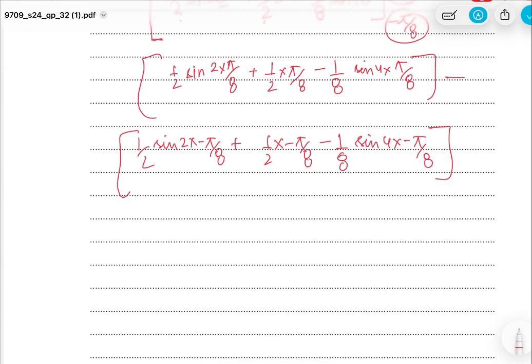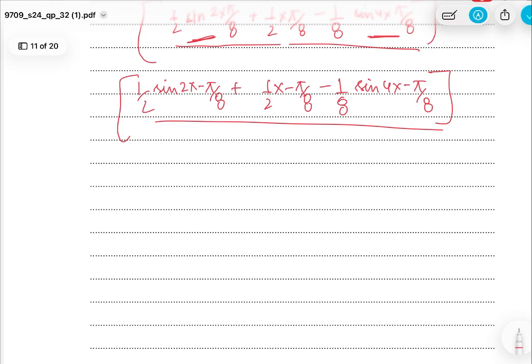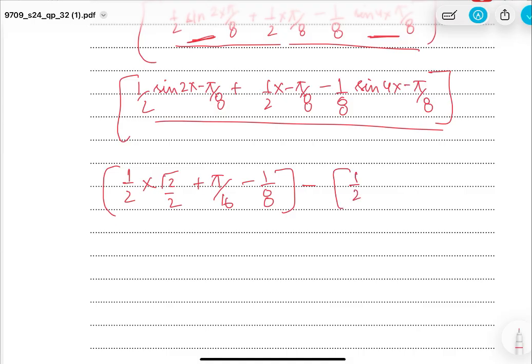Alright, put this in your calculator. Directly you can put this in your calculator if you want, or you can solve it individually, find the values of these functions. Okay, so we will get 1/2 times (√2/2 + π/16) minus 1/8, minus 1/2 times (−√2/2 − π/16 + 1/8).